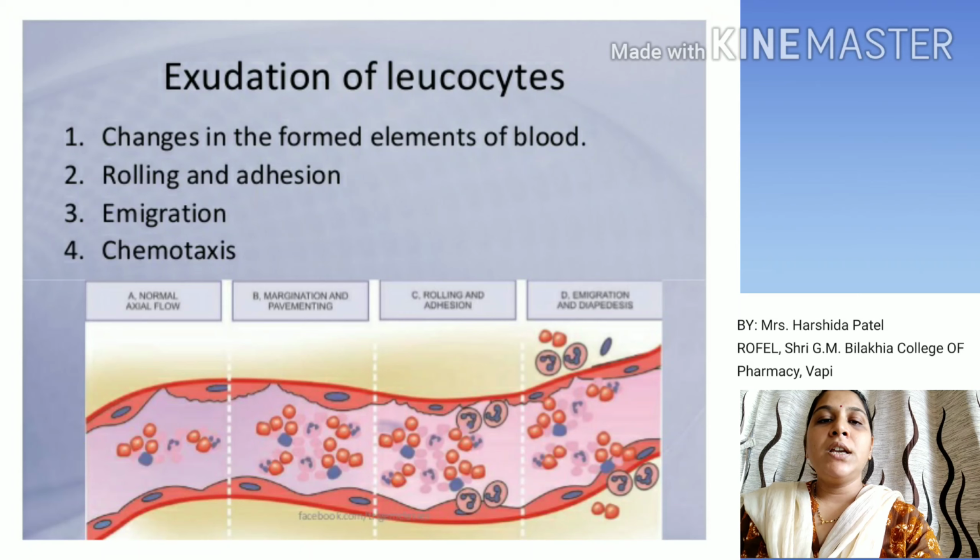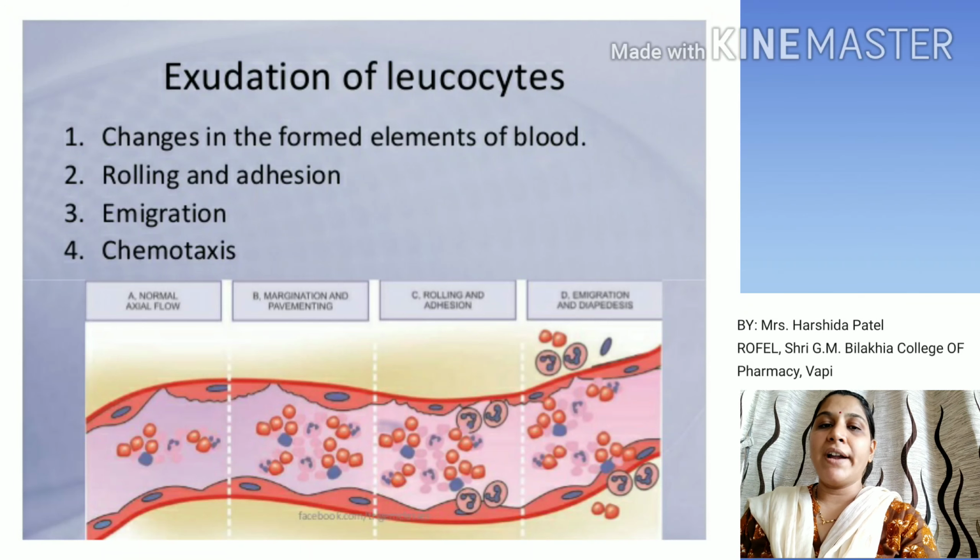Means the cellular components have widened and they have started moving towards the endothelial walls or peripheral walls. So the central stream gets widened, and due to that the plasma zone gets narrow. So the central stream widens and the plasma zone narrows.